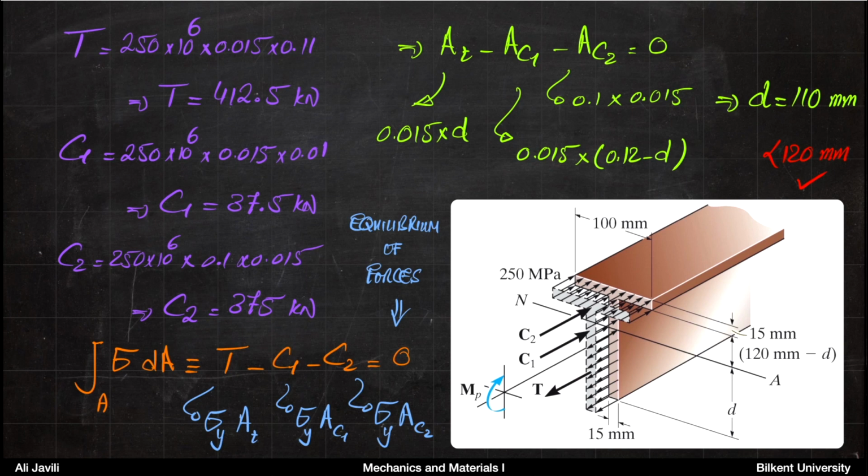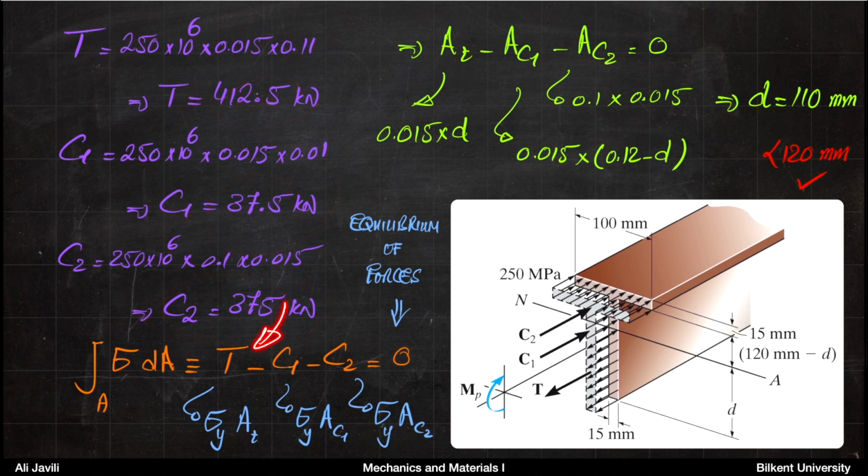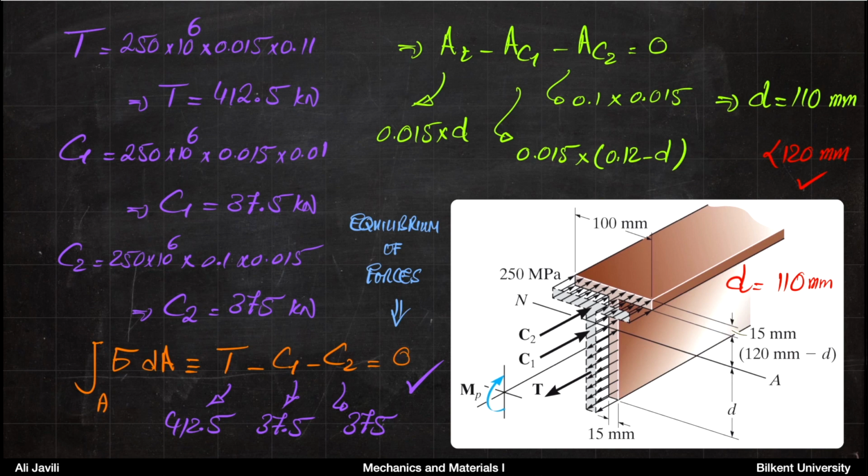And then eventually the overall compressive force on this area would be, again, sigma Y times the area, that is 375 kilonewton. And you can imagine that if I add this up, or basically this one with a plus, these two with a minus, because you have the signs, they should also satisfy the equilibrium equations. And they do. So the equilibrium of forces is still valid.